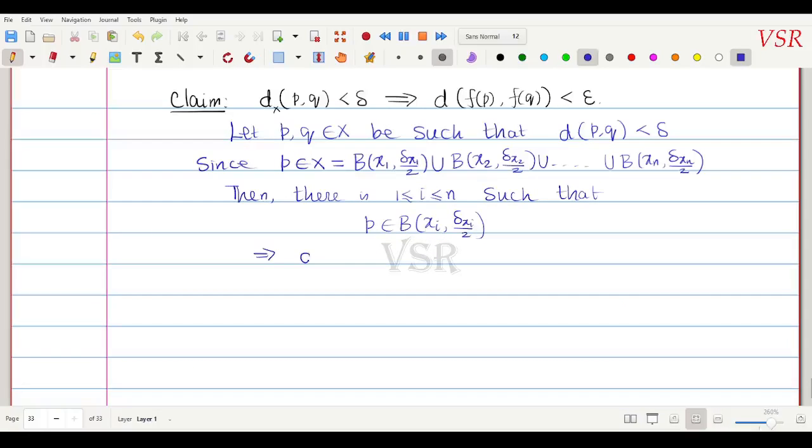The distance between p and xi is less than delta xi by 2.